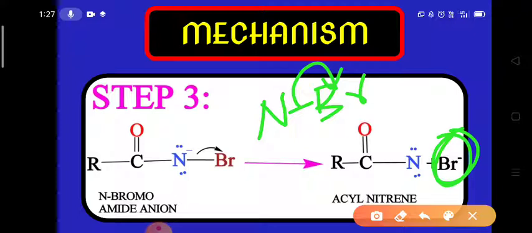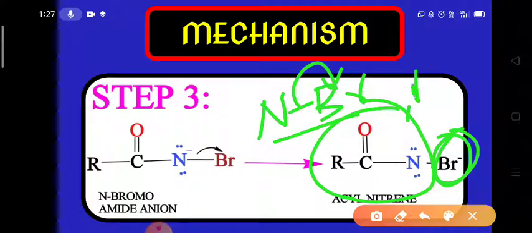As nitrogen is losing its N-Br bond electron pair, it becomes electron deficient and forms a neutral electron deficient species, that means an electrophile. Here that electrophile is called the acyl nitrene.